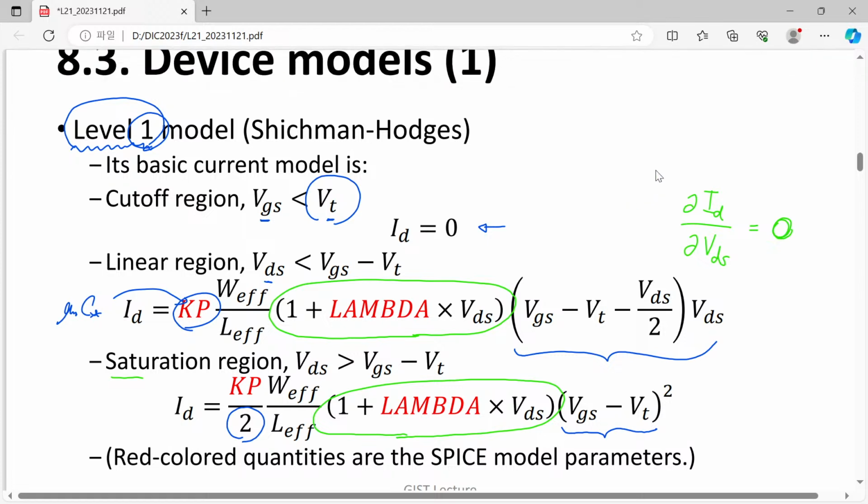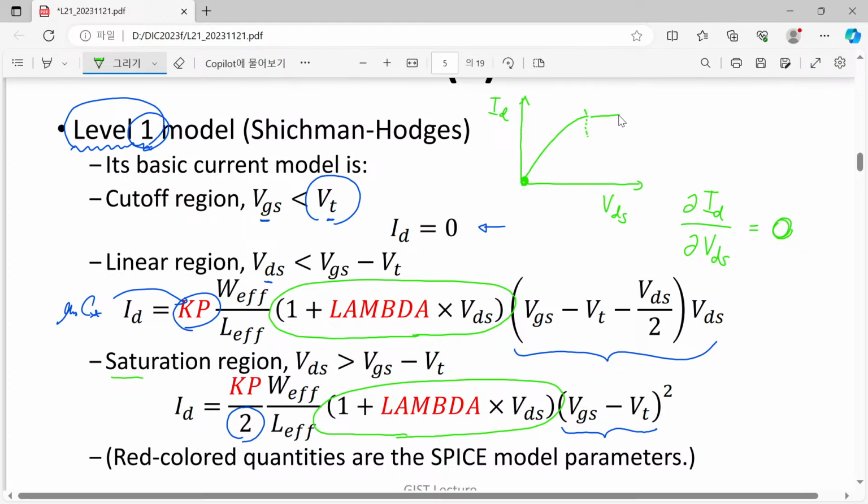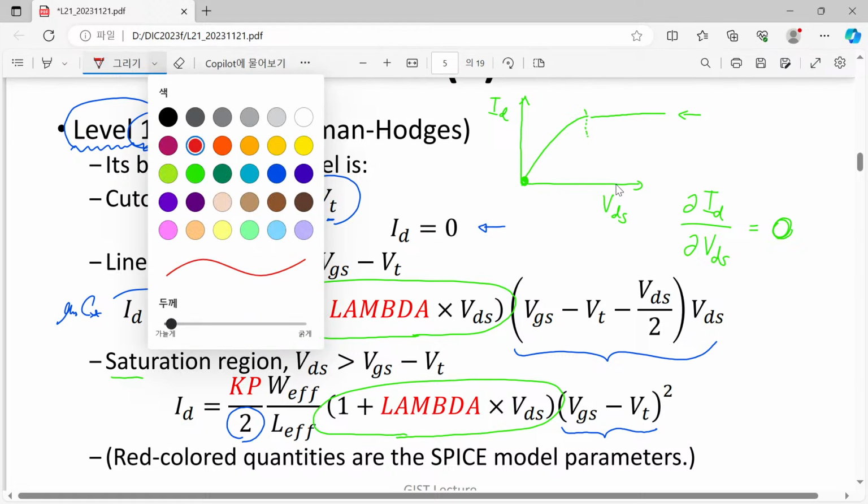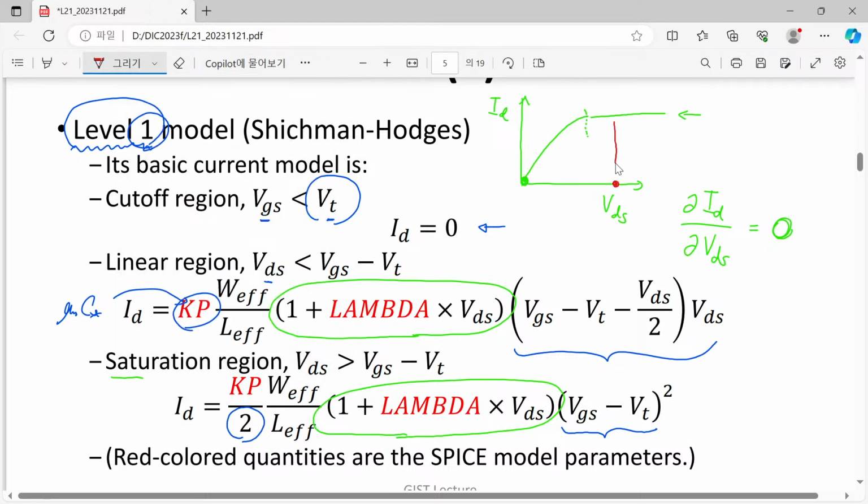Let me draw our output characteristics: ID versus VDS, and we are now talking about the saturation mode. Let's say this is a knee point, and now we have saturation. This is a saturation current. If we slightly change our drain voltage from here to there, what is the expected increase in our drain current? Actually, it is 0.